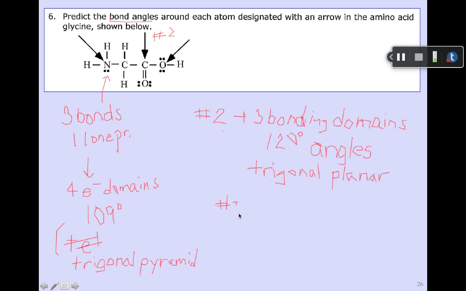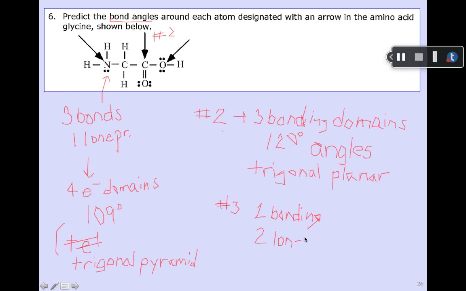So the oxygen on the end has how many bonding domains? Well, there's 2 bonds to the left and the right, and electron domains is a total of the bonding and the non-bonding electron domains. And so we'll add to that the 2 lone pairs, the non-bonding domains.